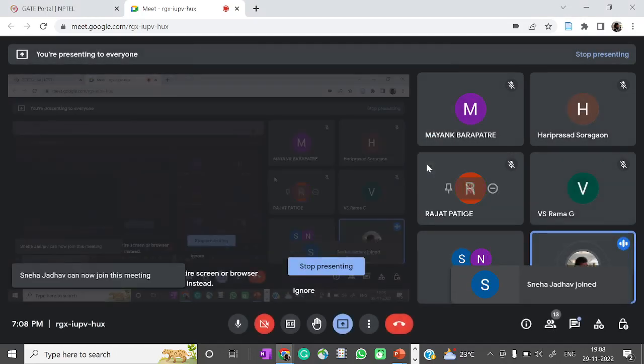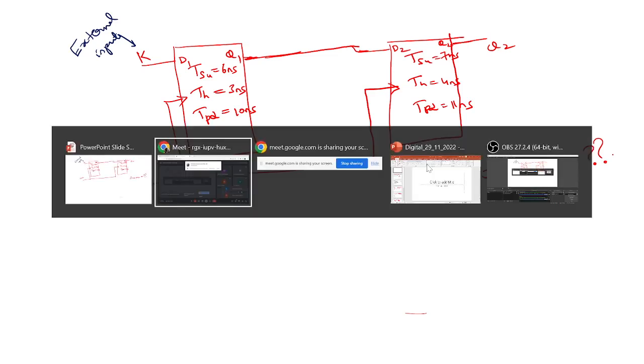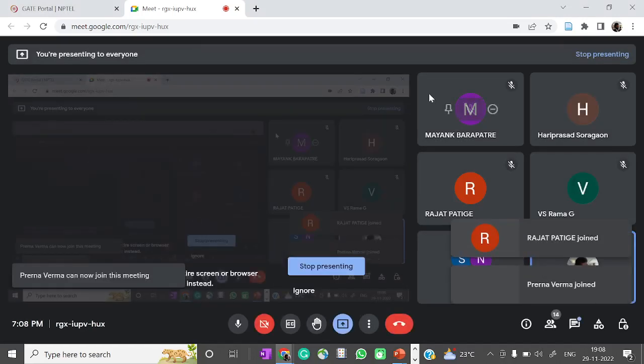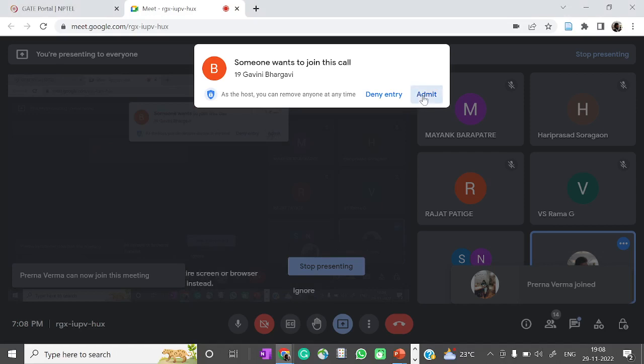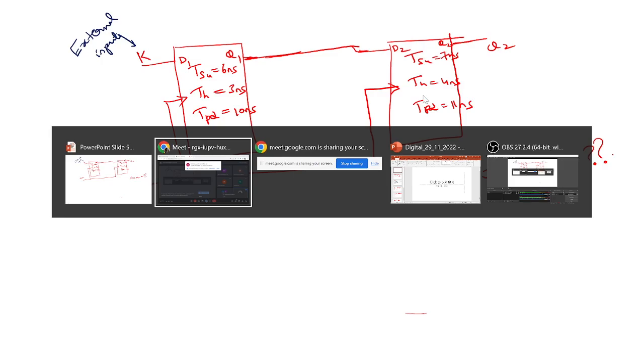Okay. Anyone got the answer? So this is based on the previous discussion that we had.